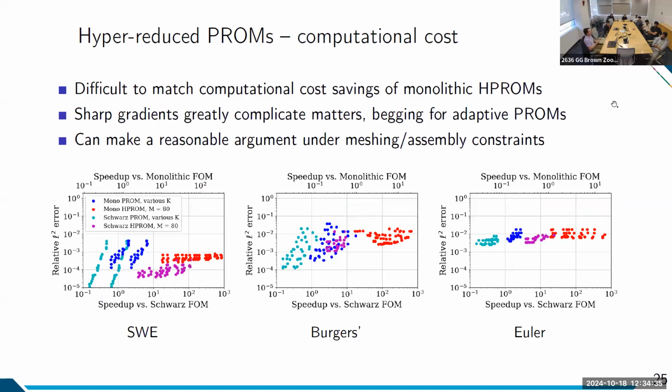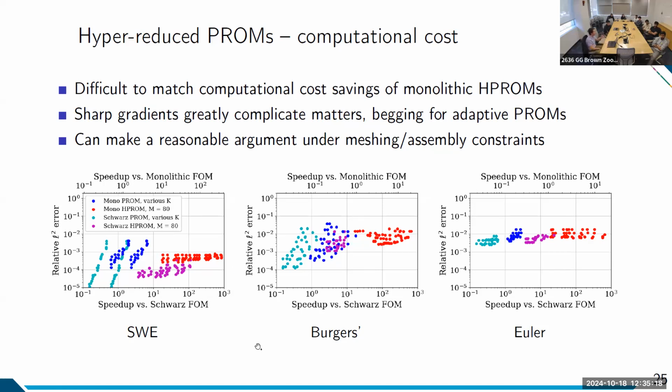When you're examining the computational cost, which is of course what we actually care about for these reduced order models, you can look at these Pareto plots where you're measuring the error on the y-axis and the speedup relative to either your Schwarz full order model or your monolithic full order model. The cyan and magenta plots are the Schwarz ROMs, the magenta being the Schwarz hyper-reduced ROMs, and the equivalent monolithic solutions are in blue, or in red for the hyper-reduced ROMs.